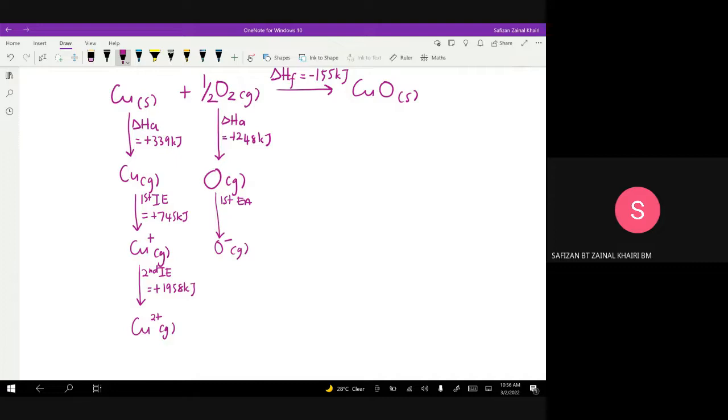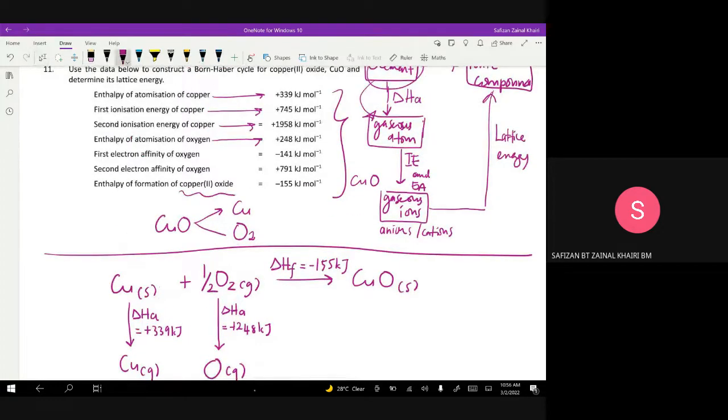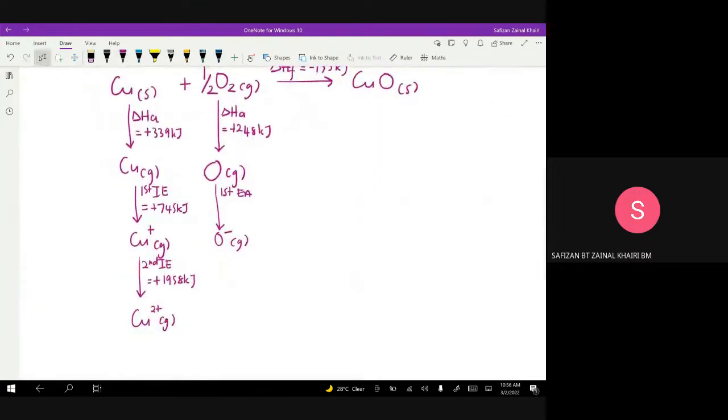Bila daripada oxygen atom ataupun atom gain the electron, the enthalpy change we call as the electron affinity. So the value is, first electron affinity of oxygen is -141 kilojoule. And next step, from oxygen -1 become oxygen -2.